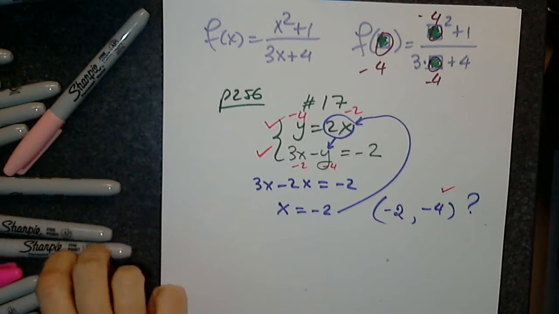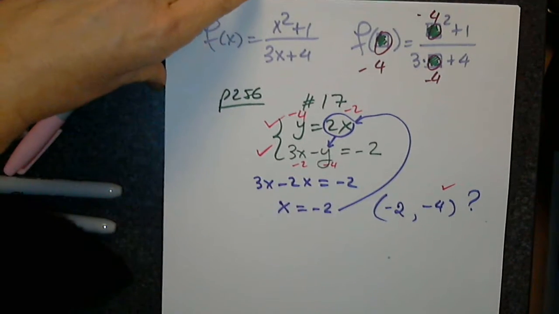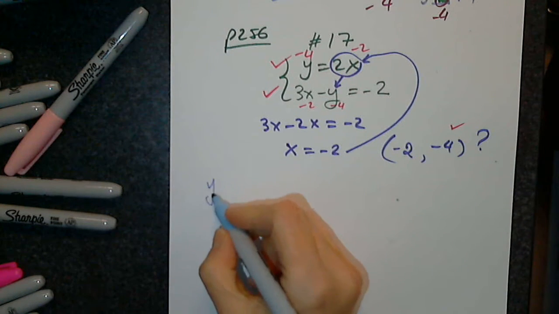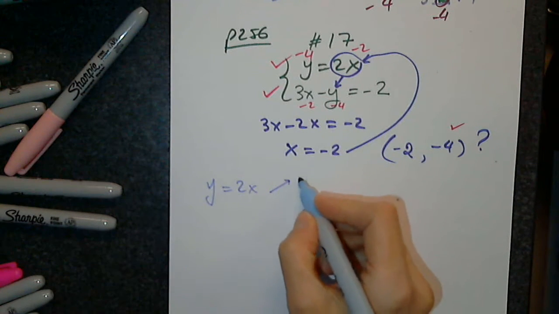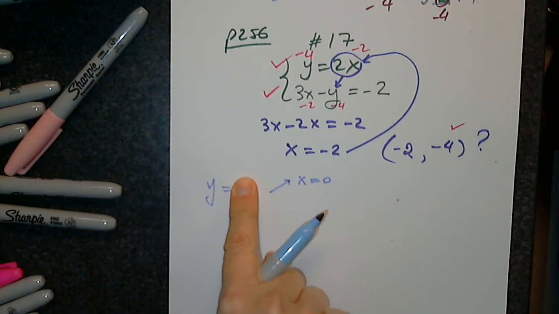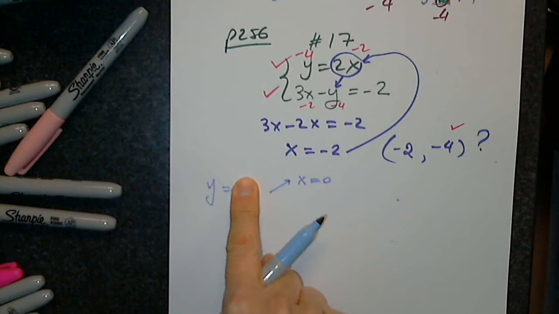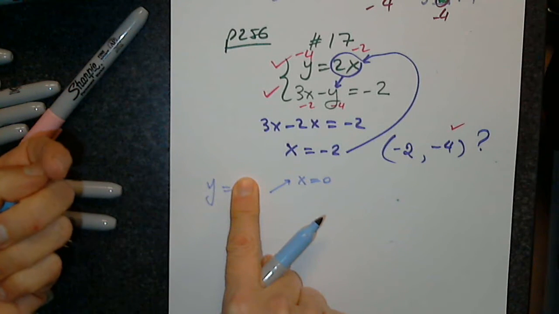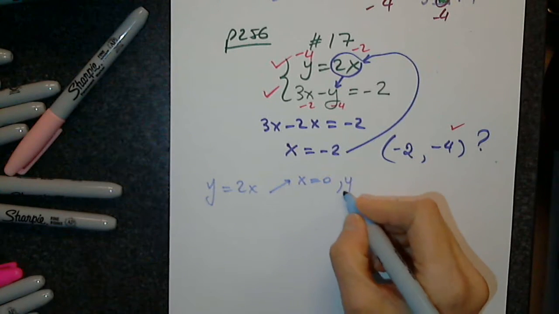Now I'm ready to graph because they want me to graph. Fine, I'll do it. But first I do my work on scratch paper so I don't have to waste my time. Good. So y equals 2x. When x is 0, how much is y? Also 0, of course.